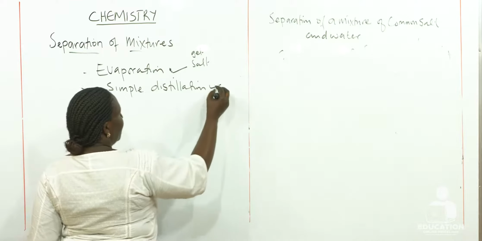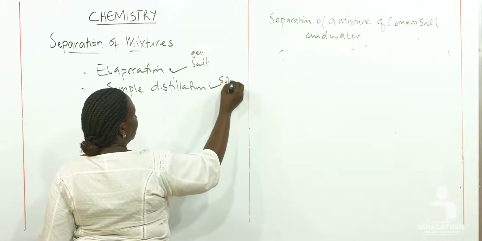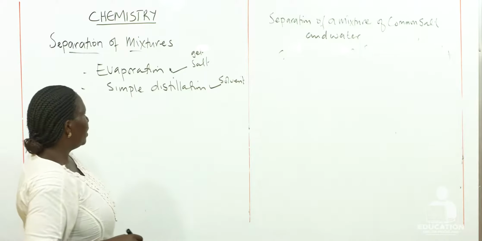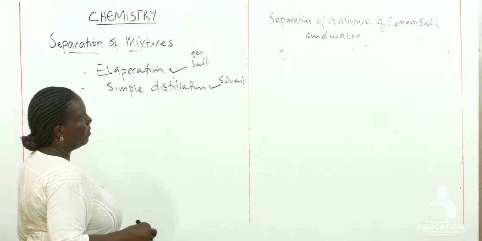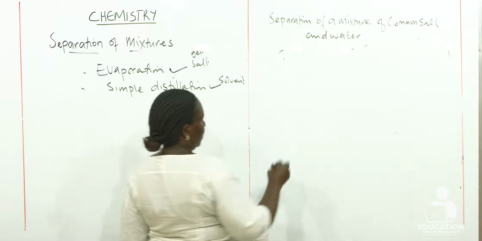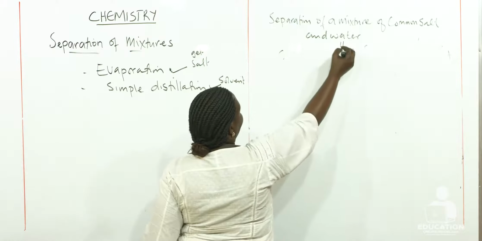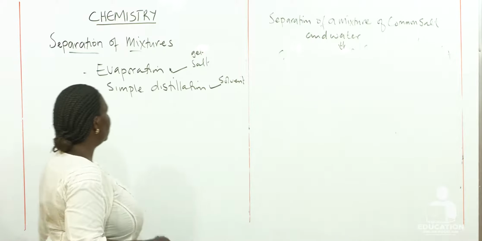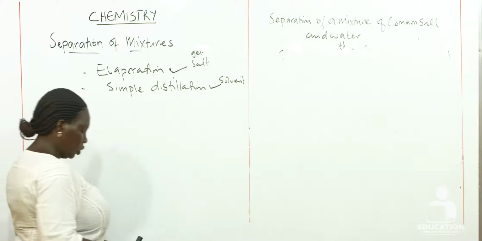But in simple distillation, we need the solvent. So, if we want to separate a mixture of common salt and water, and we need the water instead of the salt, we use simple distillation.